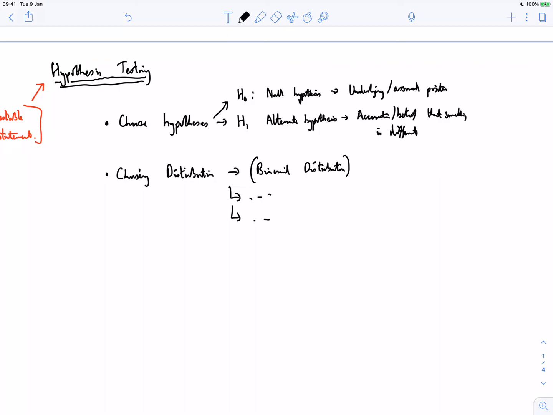What else can we do? Once we've chosen the distribution, we're now going to find one of the following, or both. We can either find a test statistic or critical values.